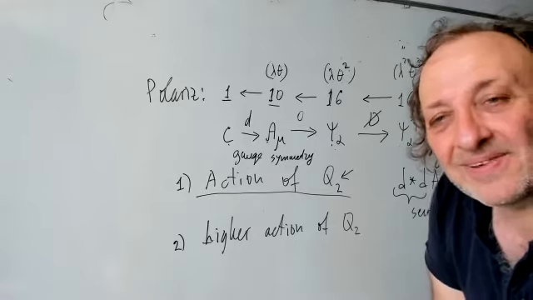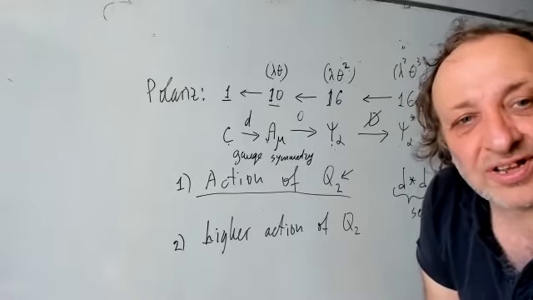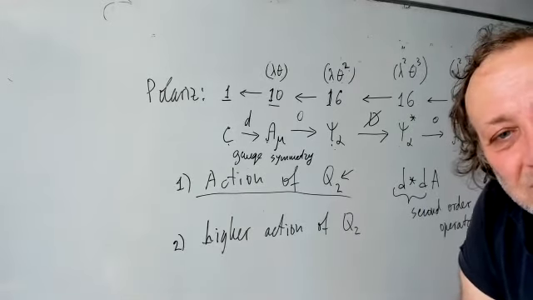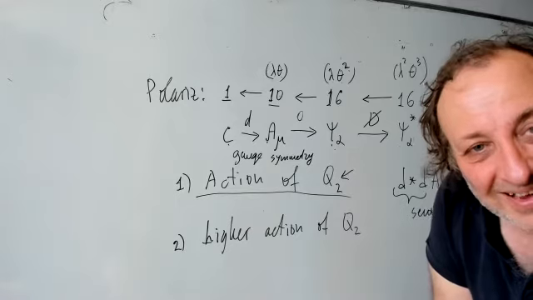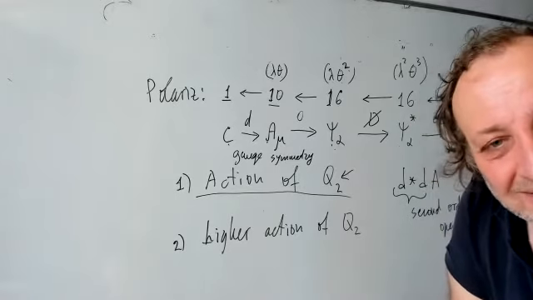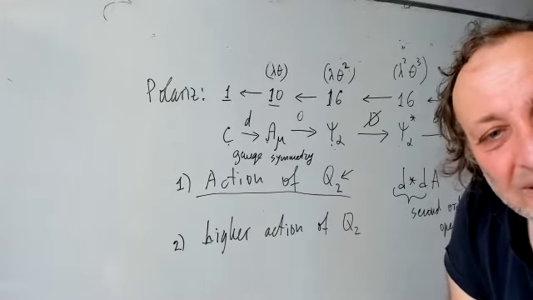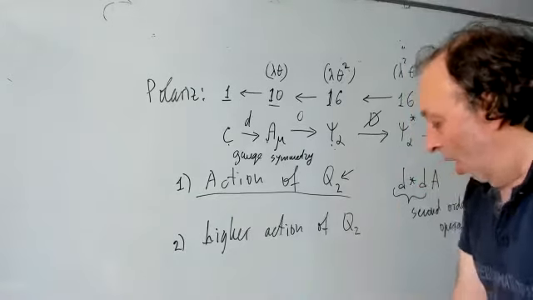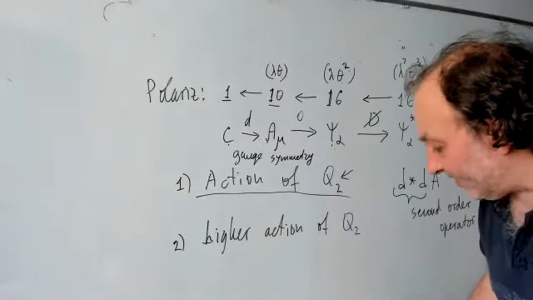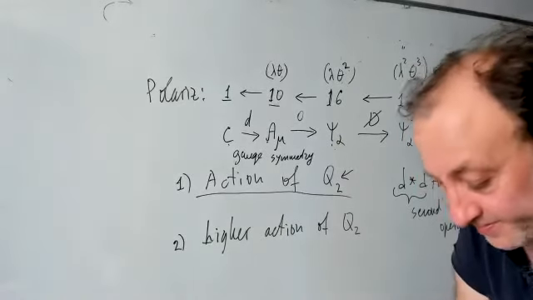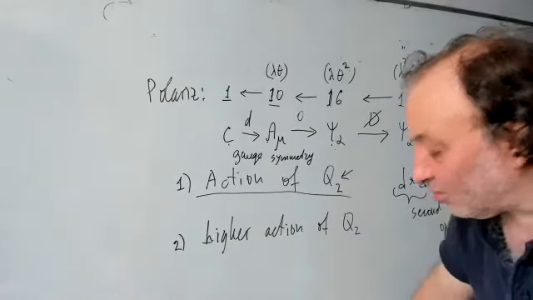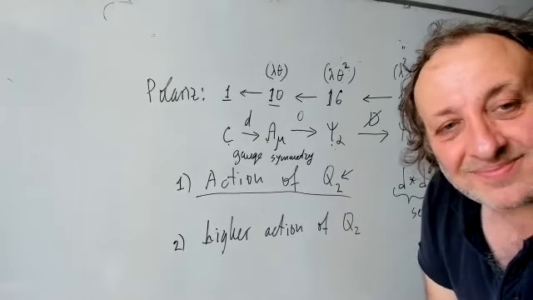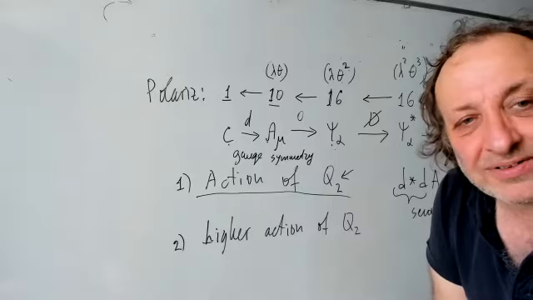However, now we know a bit of homological algebra. And we know how we can get it. We can get it as a higher induced operator. You see, it's interesting that homological algebra actually helps in understanding super Yang-Mills.